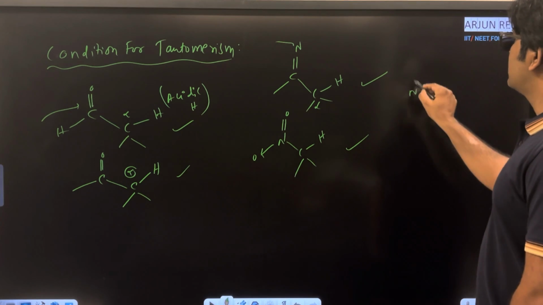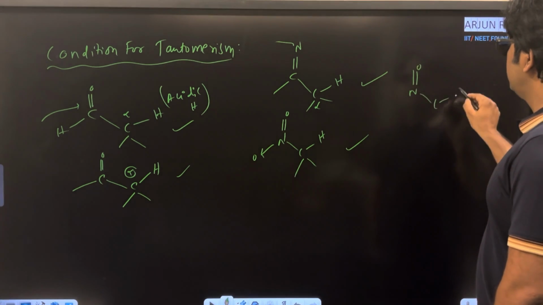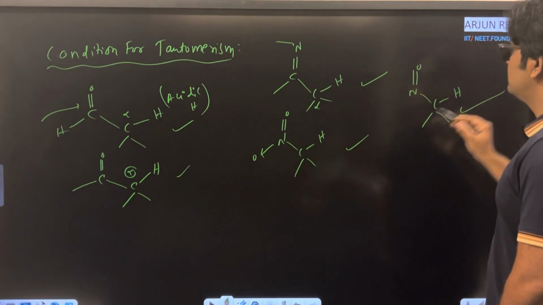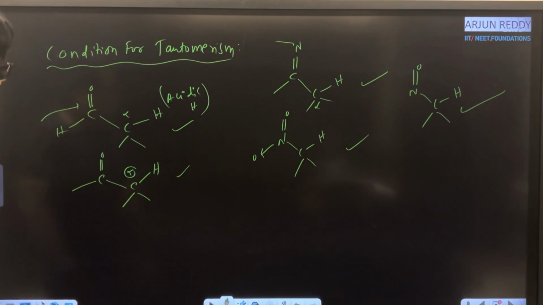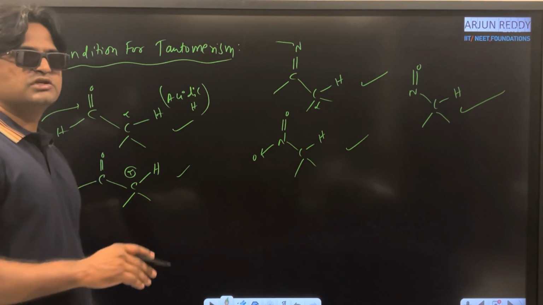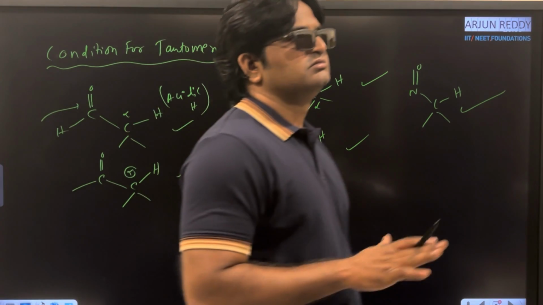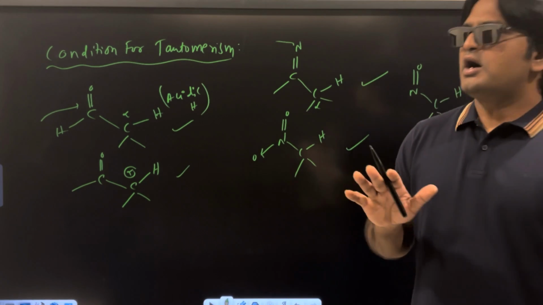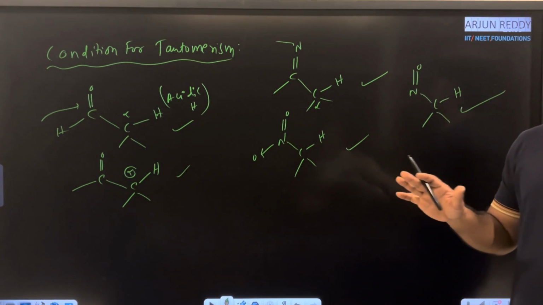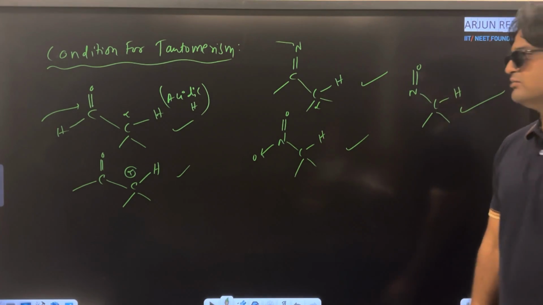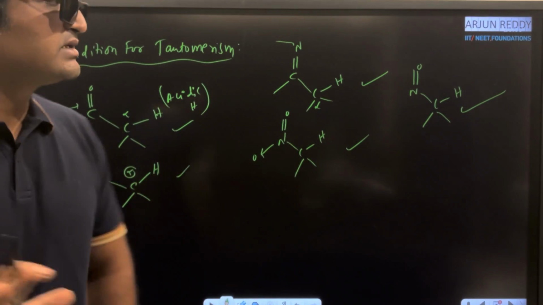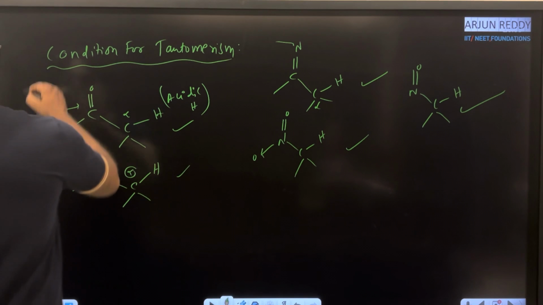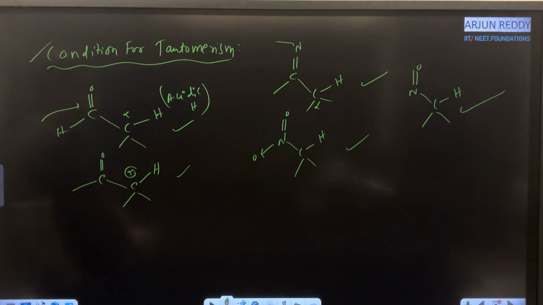And nitroso compound, here hydrogen, this molecule also shows tautomerism. What is the important condition? There should be presence of acidic hydrogen. Actually, instead of alpha hydrogen atom, it is better to say acidic hydrogen atom, right? In all these cases, there is a presence of acidic hydrogen and these molecules show tautomerism.